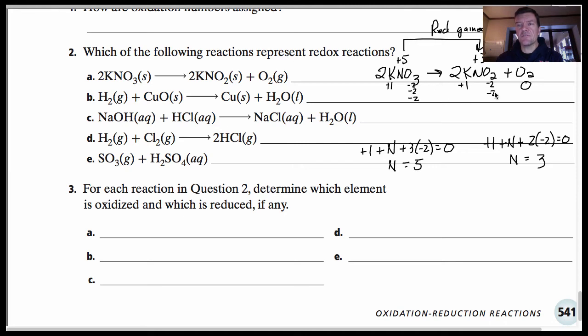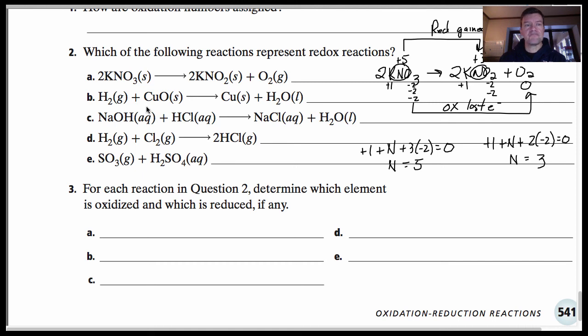There are oxygens whose oxidation numbers don't change, but there's at least one oxygen whose oxidation number did change. It went from -2 to 0. So that is an oxidation. It lost electrons because the oxidation number became more positive. Okay, so we're able to identify that the nitrogen was reduced, one of these oxygens was oxidized, and yes, this is a redox reaction.